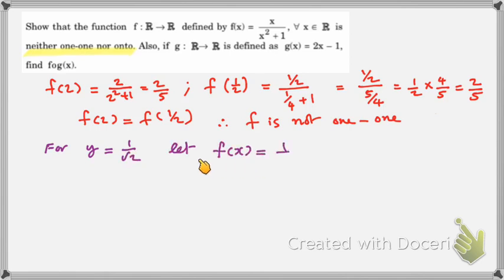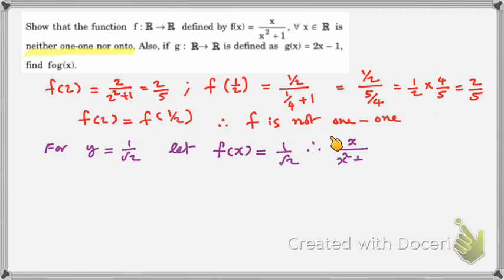So to start with, we'll say let f of x be equal to 1 by root 2 for some x. So I'm trying to say that the element 1 by root 2, which I picked up from the codomain, has a pre-image x in its domain.